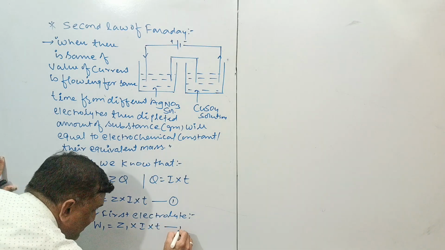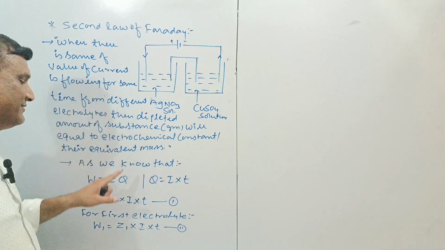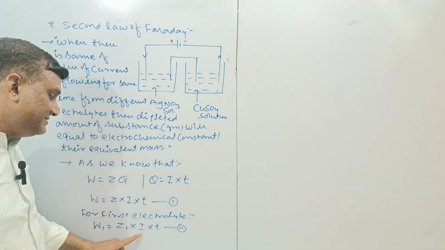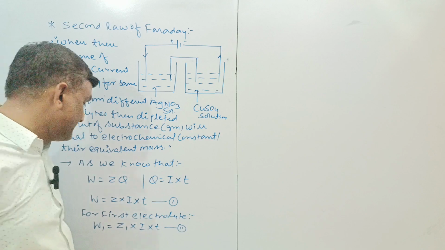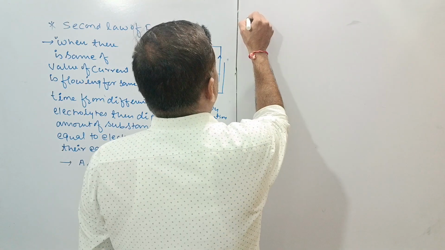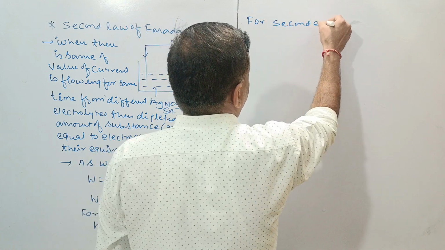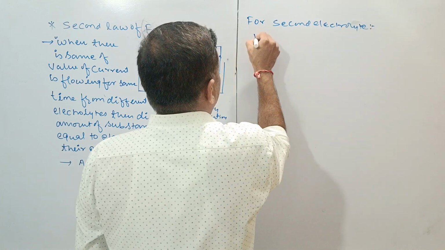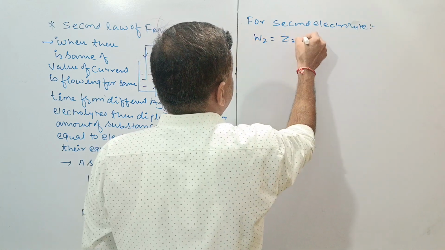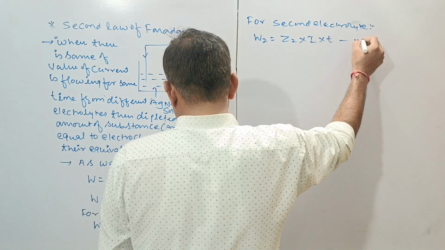I and T both are constant because, according to this law, the same value of current flows for the same time. Time is the same, so constant, and current is also constant. For the second electrolyte, it will be W2 equals Z2 into I cross T. This is the third equation.